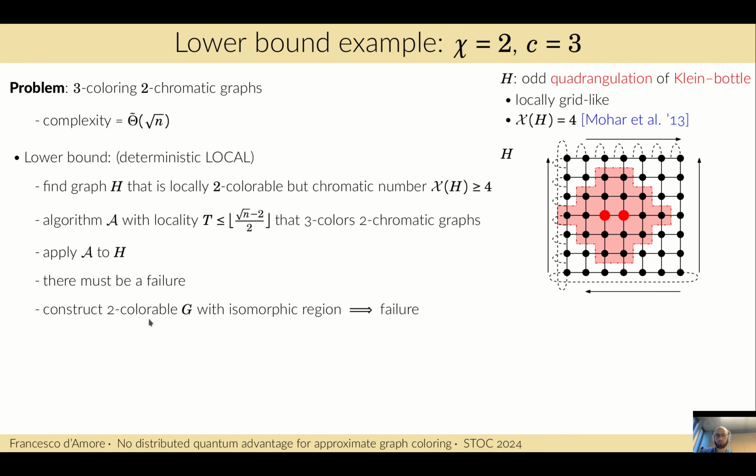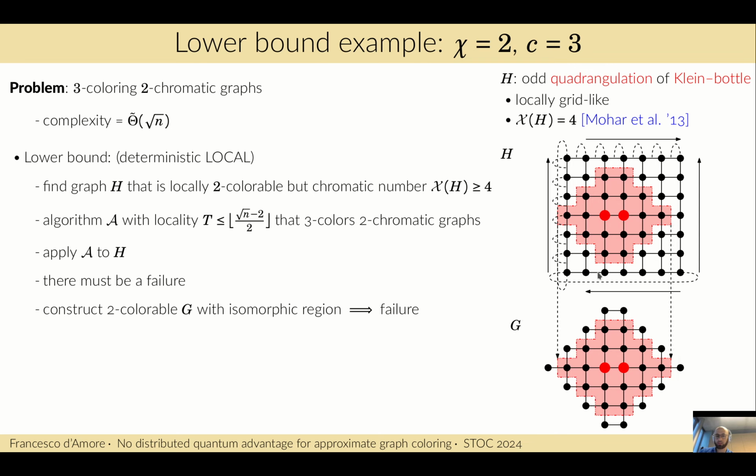And then we construct, by cloning this region, a 2-colorable graph G, which is then an admissible instance that has this isomorphic region. Of course, these two nodes will produce the same failure because their output depends only on what they see inside this region. And this is a contradiction, and such an algorithm with this small locality cannot exist.